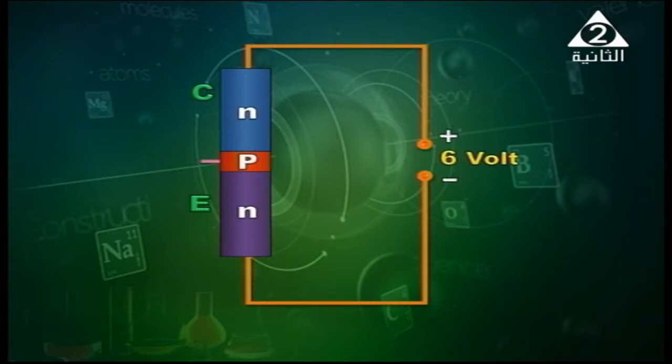Why? Because the base-collector is reverse biased. So in front of you, we don't have any current when the base is not connected, because in this case, base-collector will be reverse biased.